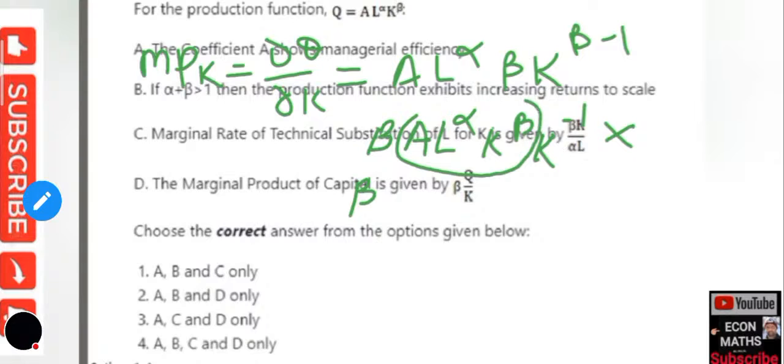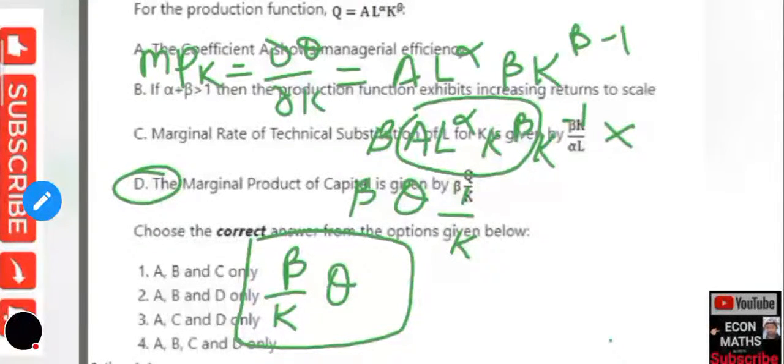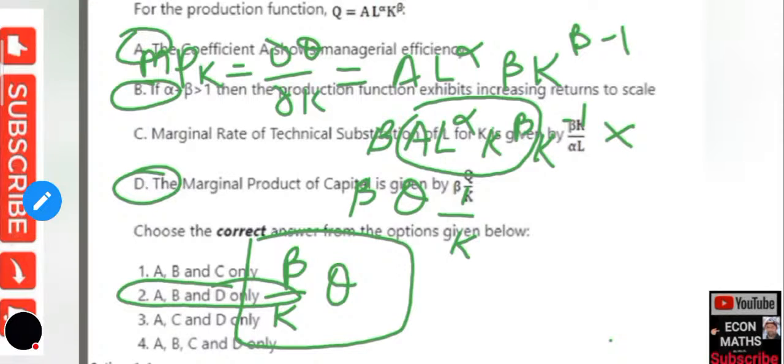So this whole thing here is our original q. So I will write here q. Now k to the power minus 1 can be written as 1 by k, which implies beta q divided by k. Option B is also correct. Option C is not correct. Option A is also correct. So the correct combination will be A, B, and D. That means option 2 is correct here.